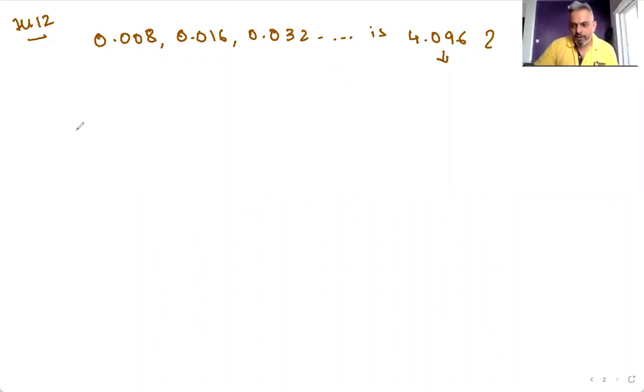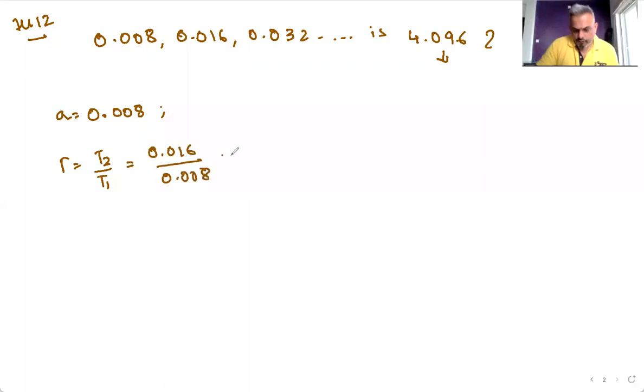So what we do is, first let's write A. A is equal to 0.008. R is equal to T2 upon T1, which is equal to 0.016 upon 0.008, which is equal to 2.